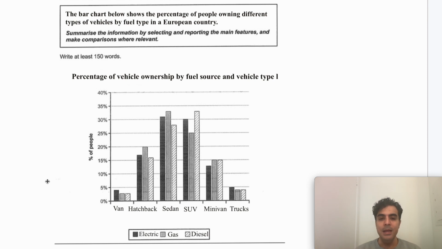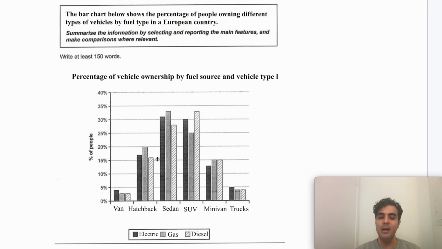Well, maybe if I just compare 2 of the categories, I'll find something meaningful. For example, what if I compare electric vehicles to diesel? Okay? It seems that in vans, hatchbacks, right? So we're again comparing electric and diesel. So we're comparing this bar and this bar, this bar and this bar, right? And so as you can see, electric is greater than diesel among van owners.